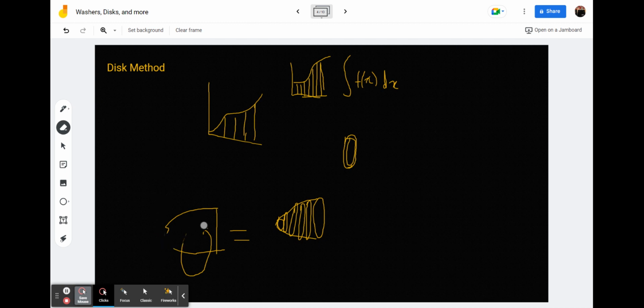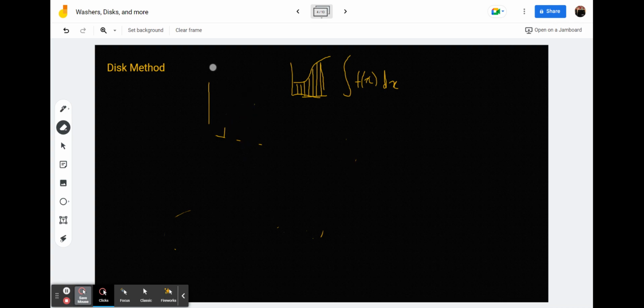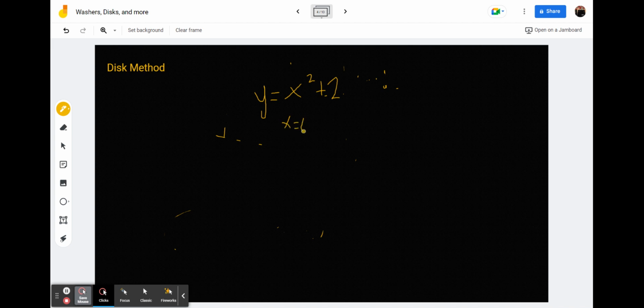Let's take an example. Let's say I have y is equal to x squared plus 2, bounded from x equals 0 and x equals 2.